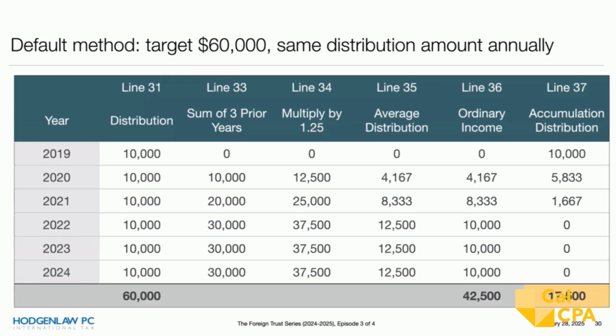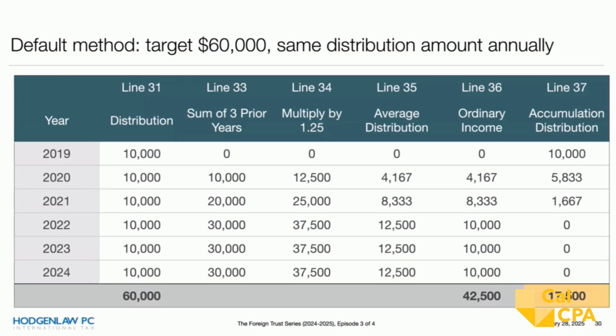So the first $4,167 of that 10,000 distribution is ordinary income, ordinary rates, and $5,833 will be accumulation distribution. 2021, you can see the cumulative effect. Now we've got 20,000 distributed in the prior 3 years, and 125% of that is 25,000 divided by 3, the average distribution per year is 8,333.